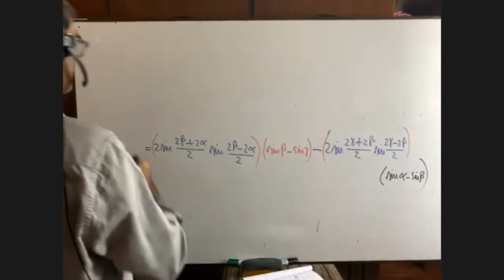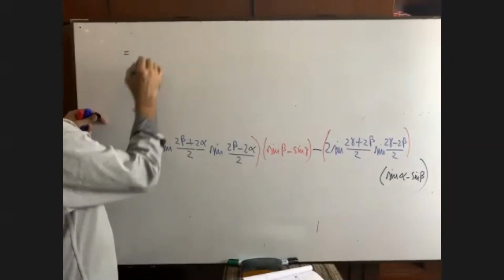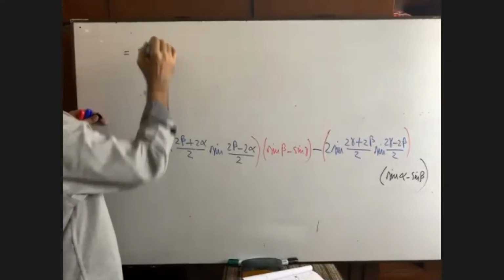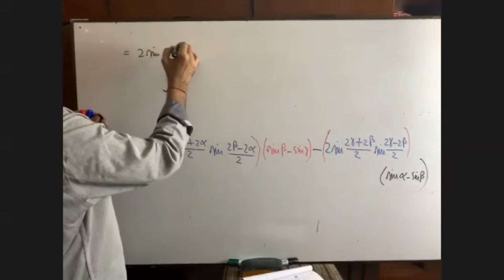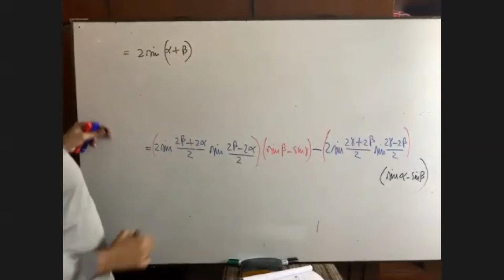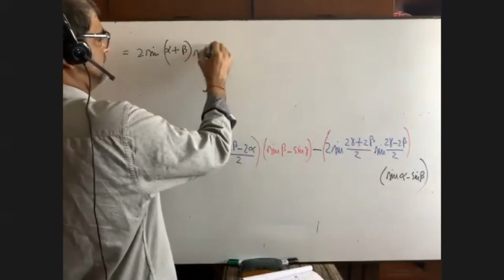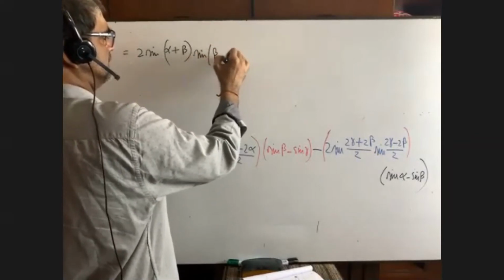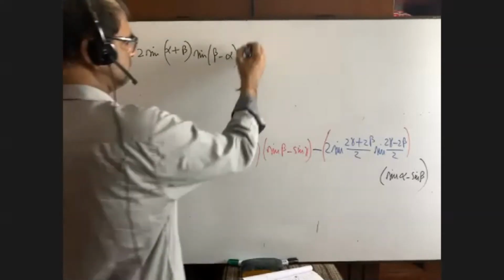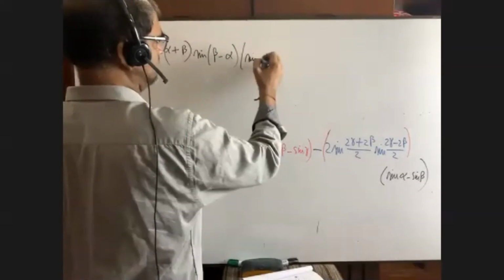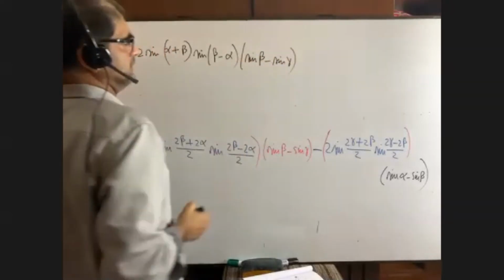Now what we are getting here, you see, 2 sine, 2 will be omitted. So we are getting alpha plus beta, and here we are getting sine (beta minus alpha). Here it is sine beta minus sine gamma.